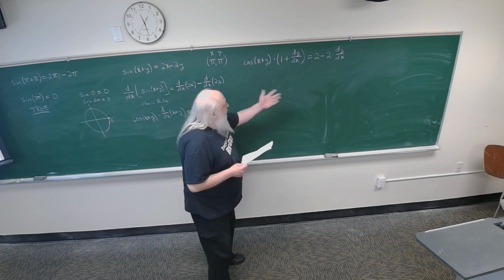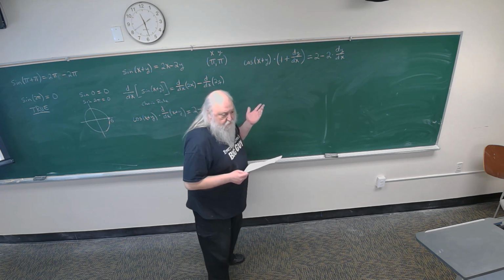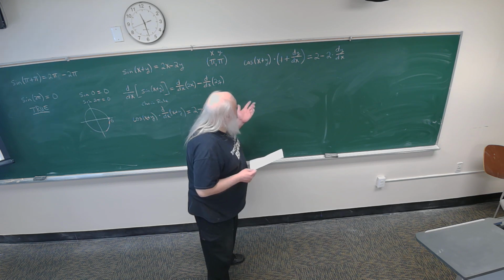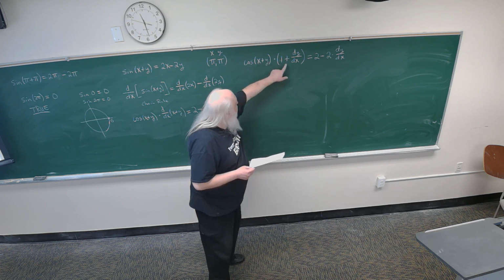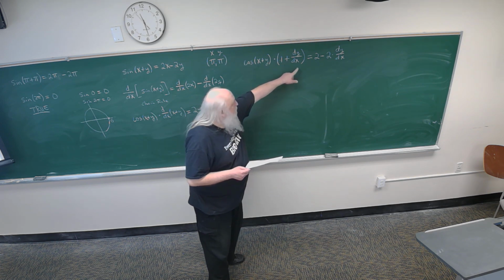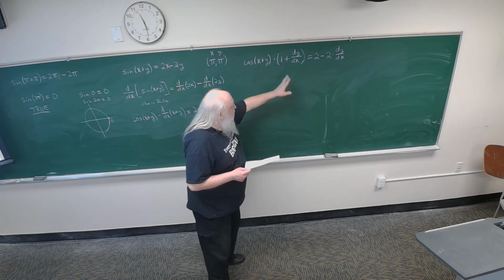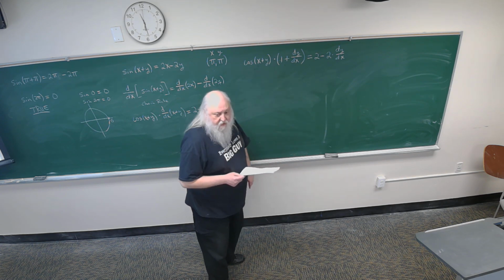Well, we gotta get to dy over dx all on one side, right? And so to do that, we have to distribute the cosine of x plus y inside the parentheses here, okay? And then we'll be able to get the terms with dy over dx on one side and the terms without it on the other side.